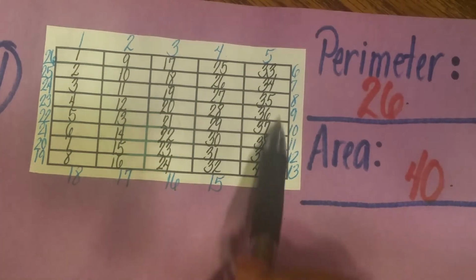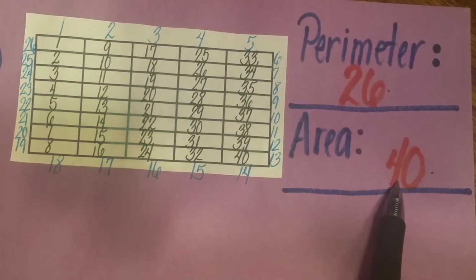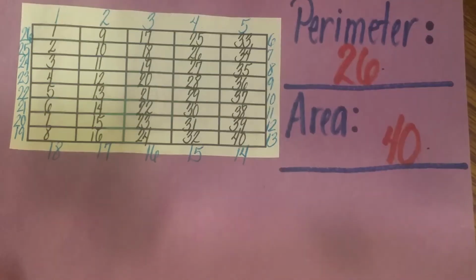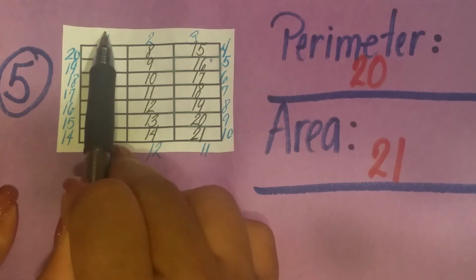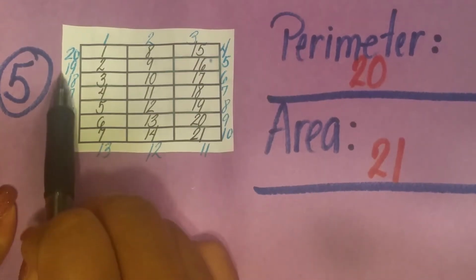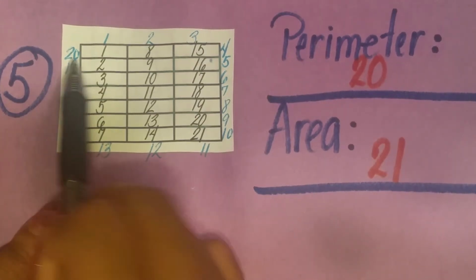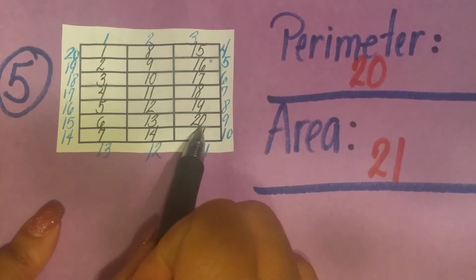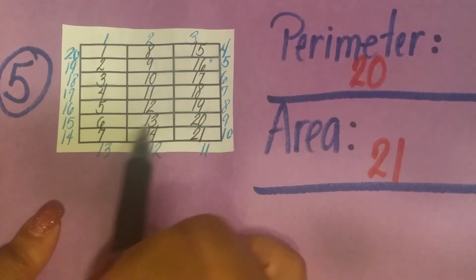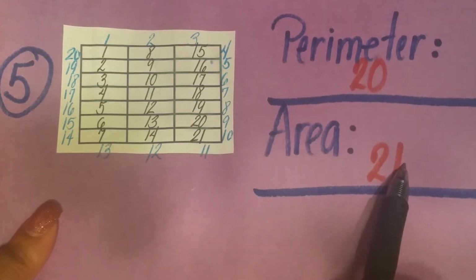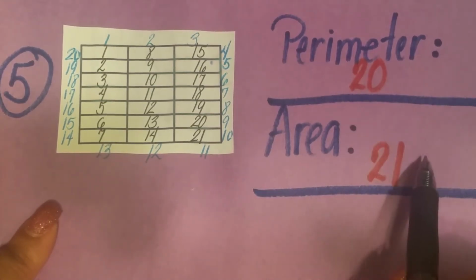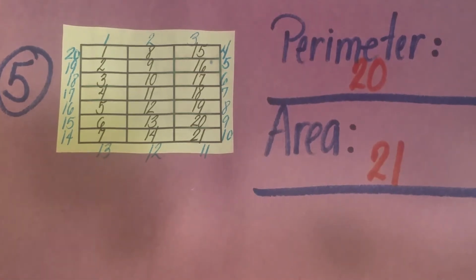And for area, when I counted the inside, my area is 40. And then for our last shape, our itty bitty shape, shape number 5, the perimeter, our outside, was 20. And our area, the inside, counting all the boxes, is 21. So perimeter is 20, area is 21.